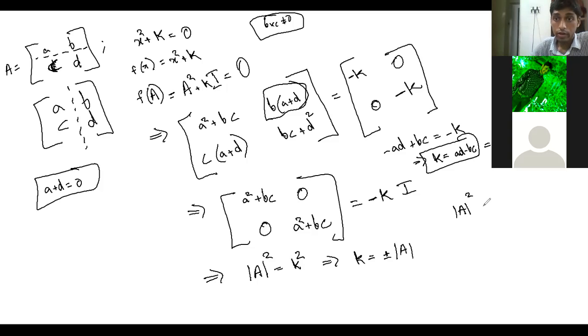Determinant of a square is equal to minus k. No, this is wrong. Minus k square. Do you understand why it is minus k square anyway? Yes sir.